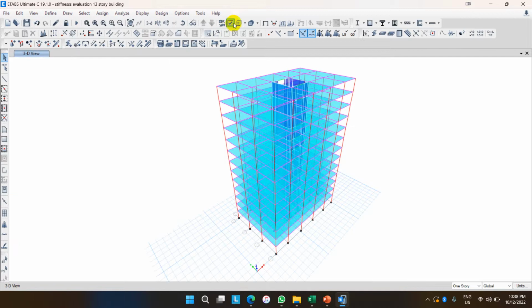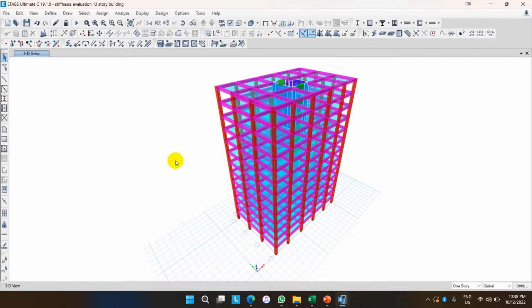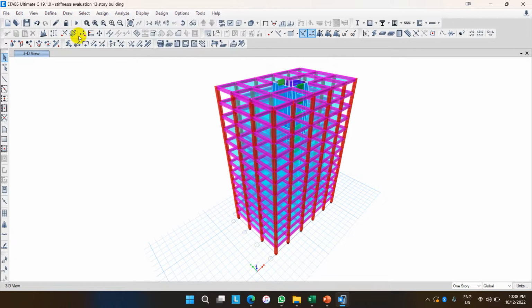As you know, the building itself is treated as a vertical cantilever, and we see from the result also that the stiffness of the structure will go on decreasing, as well as the flexibility of the structure will be increasing while going up along the height of the structure.